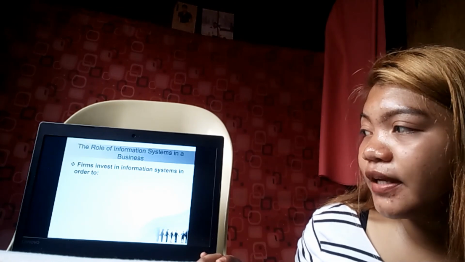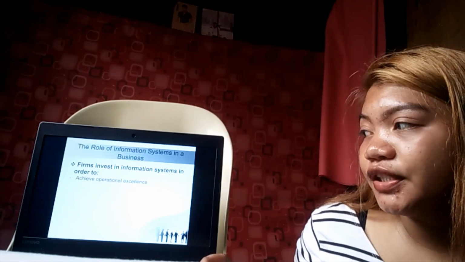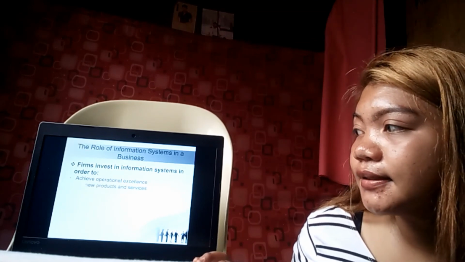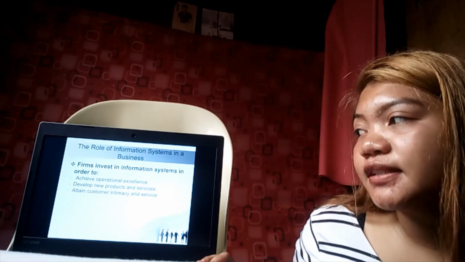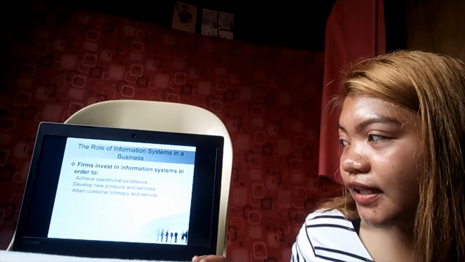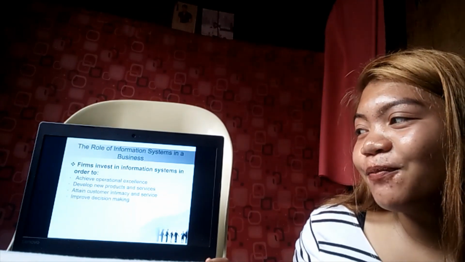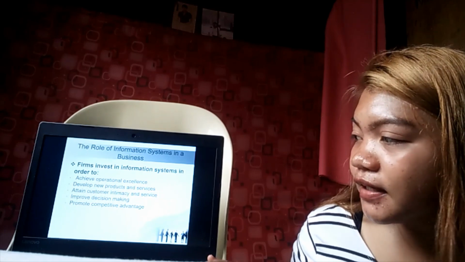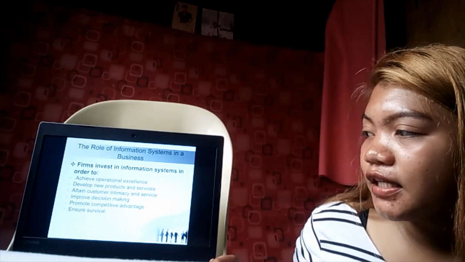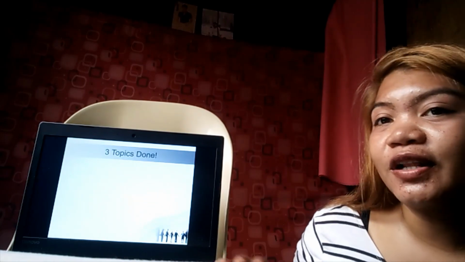Firms invest in information systems in order to achieve operational excellence, develop new products and services, attain customer intimacy and service, improve decision making, promote competitive advantage, and ensure survival. And that's all. Thank you.